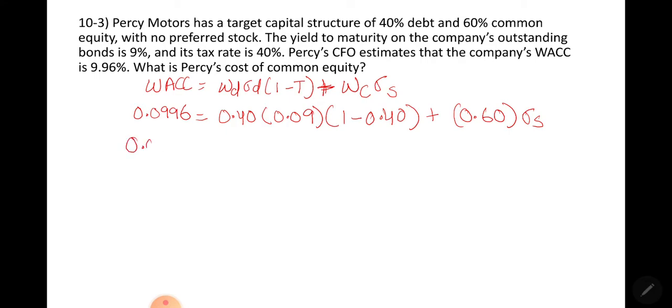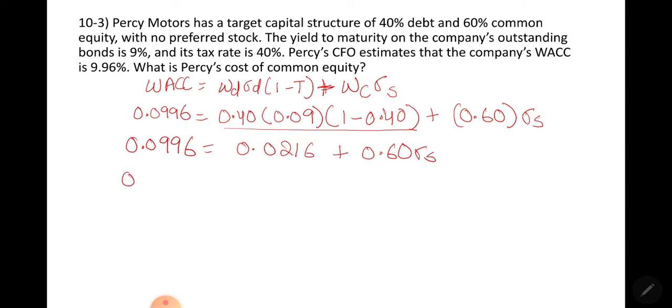So solving this, the whole thing can get multiplied, so we will multiply all of this and this is coming to 0.0216. Now this is positive, on the other side it will become negative.